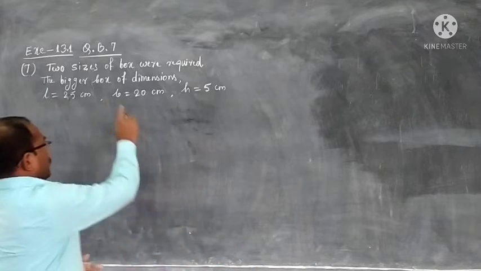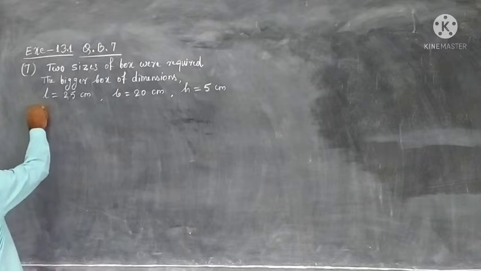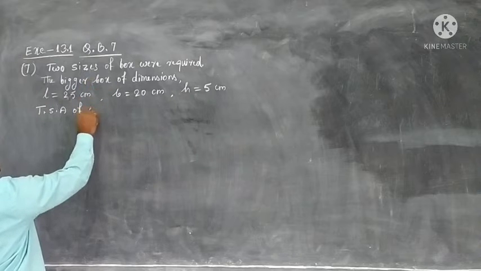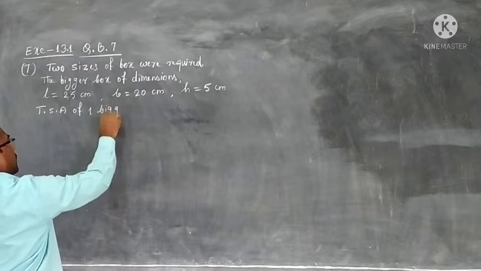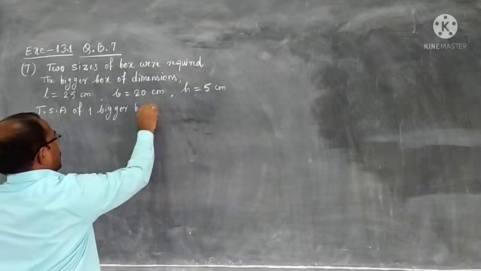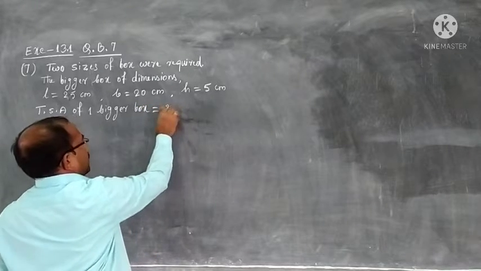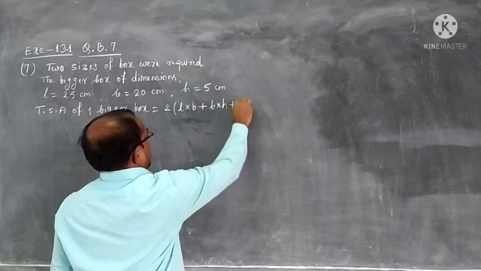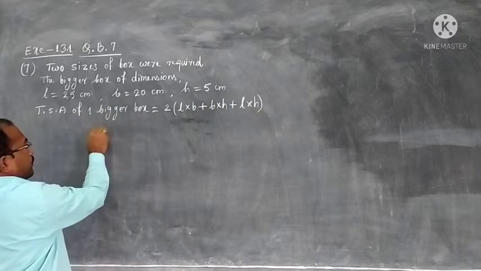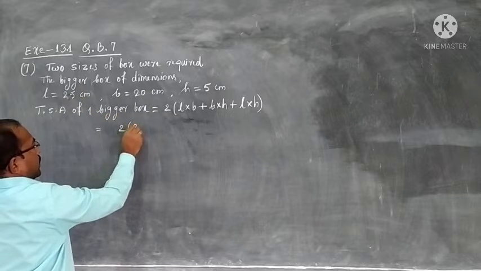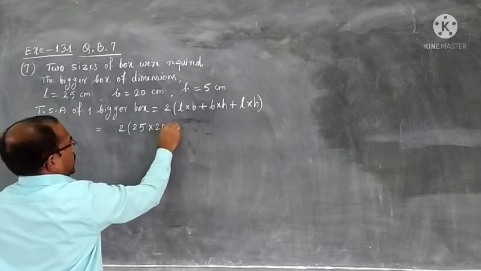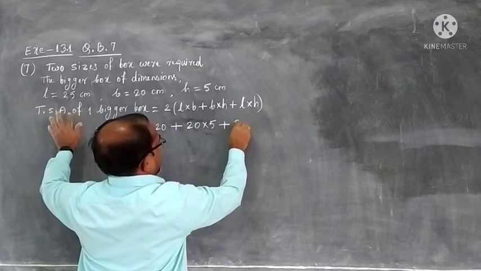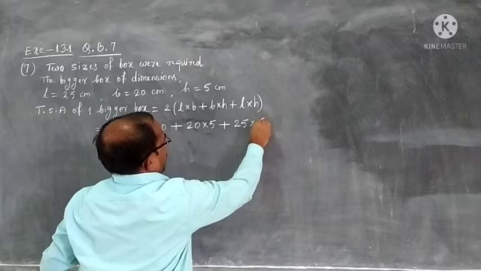Let us start. We will go for the total surface area of one bigger box. We all know the sweet packet or box will be in cuboidal shape. So, we will use the formula 2 into length into breadth plus breadth into height plus length into height. We are all familiar with this. So, 2 into length 25 into breadth 20, breadth 20 into height 5, length 25 into height 5.